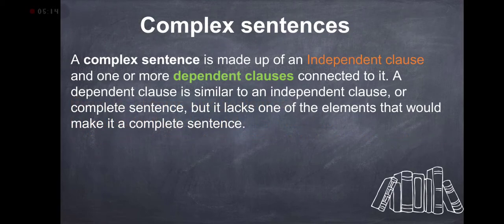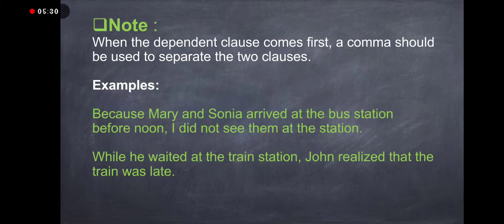A complex sentence is made up of an independent clause and one or more dependent clauses connected to it. A dependent clause is similar to an independent clause or complete sense, but it lacks one of the elements that would make it a complete sentence. When the dependent clause comes first, a comma should be used to separate the two clauses.